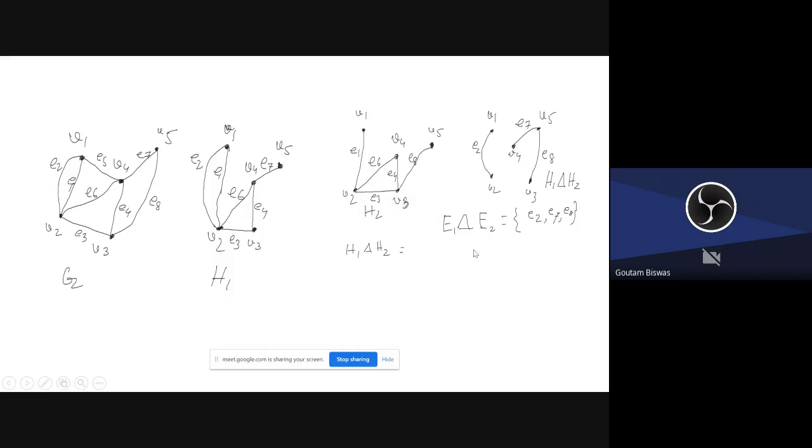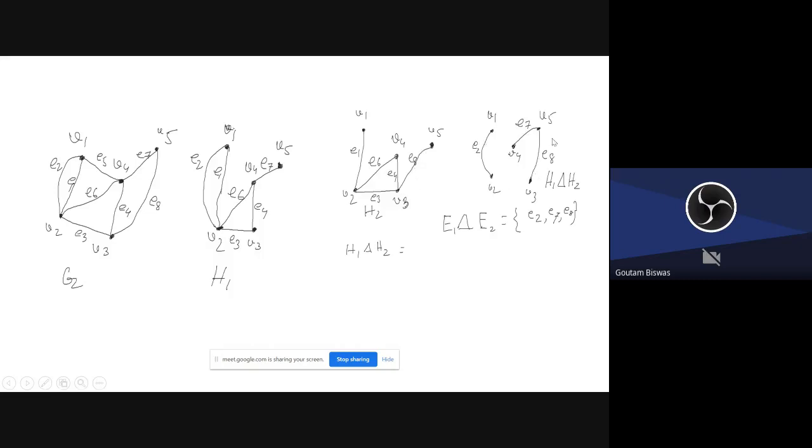But E1 intersection E2, and this H1 delta H2 is this set. So here V1, V2 is E2, V4, V5 is E7, and V3, V5 is E8.